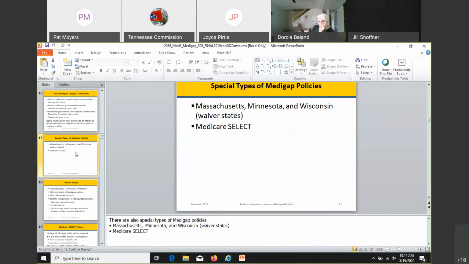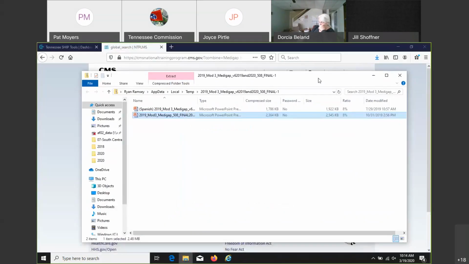So they are, straight from CMS's mouth, these presentations, and they are updated on a regular basis. This one was updated as of November 2019. So probably what you would see in here is the inclusion that Plan C and F will no longer be sold as of 2020. And then, of course, now that it is 2020, that would just remain true at that point.